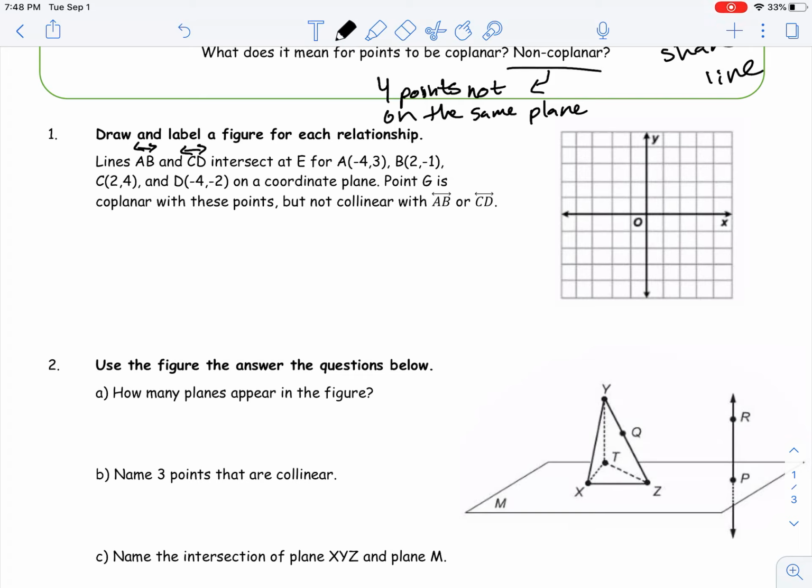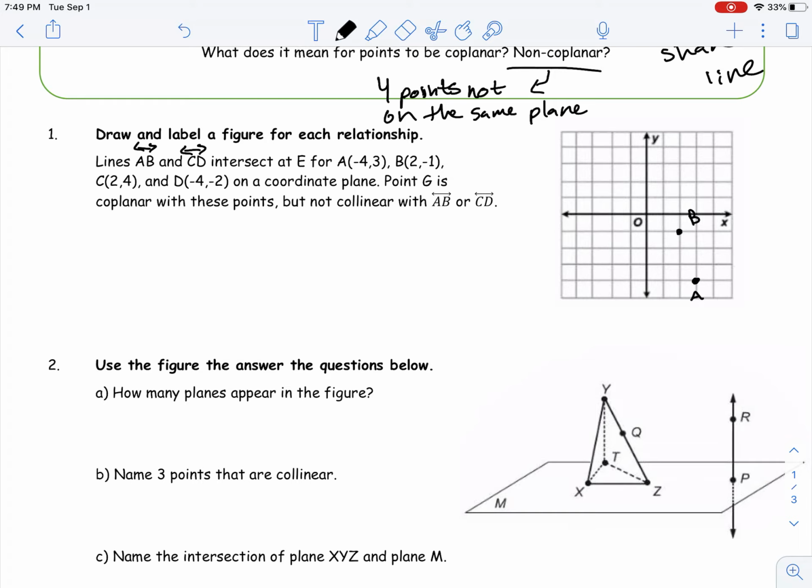Lines AB and CD intersect at point E. For A at -4, 3. So this would be A. And B is at 2, -1. Maybe I shouldn't have drawn B right there, just because I'm going to be drawing a line through it.